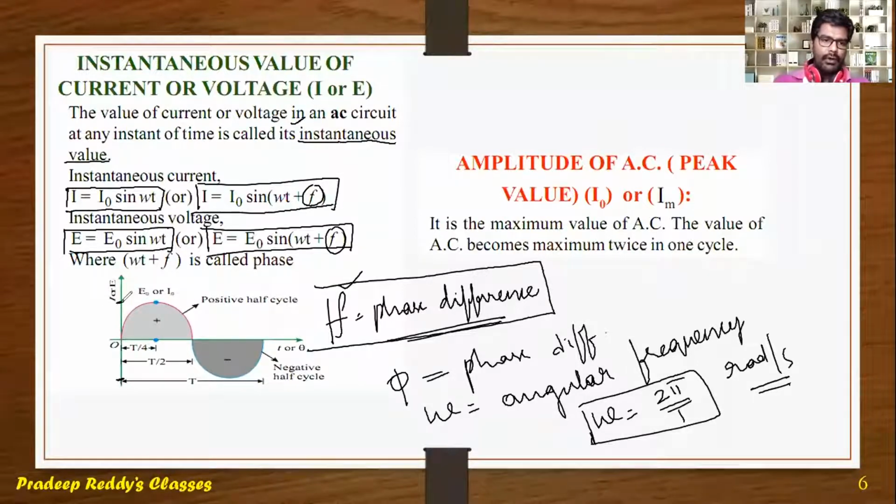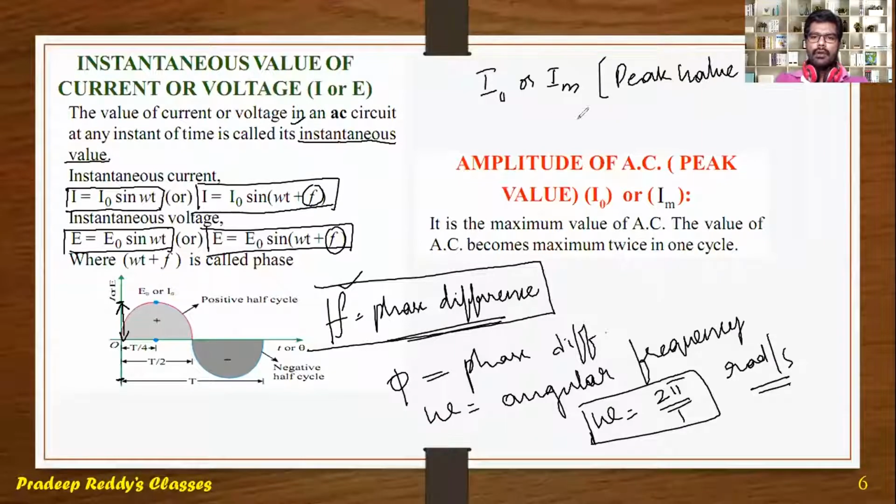Maximum value of voltage is said to be the amplitude of the voltage. Maximum value of current is said to be peak current. You will represent it with I naught or I_m. Usually we call it the peak value or amplitude of AC.